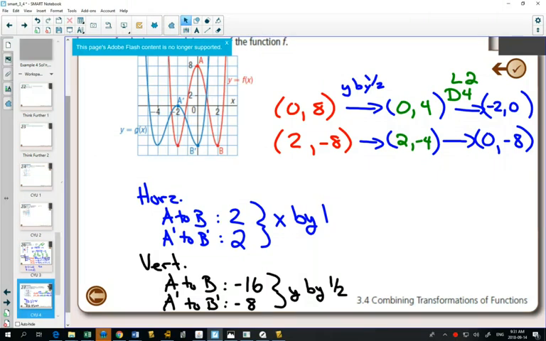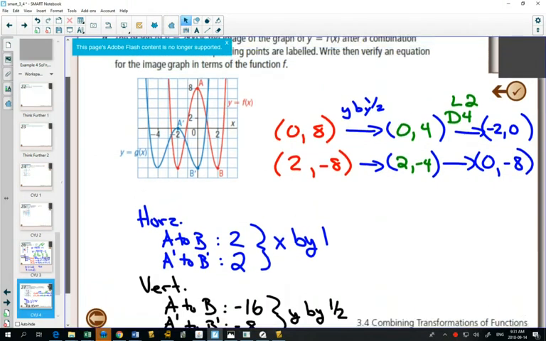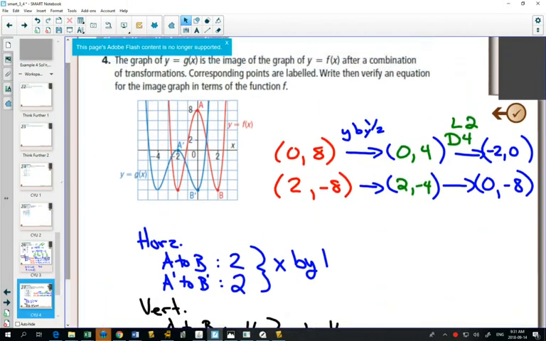Can we take that information and write the equation of the blue graph, g of x, in terms of f of x? So, writing the equation in terms of f of x. Two options here. I could write y equals, or because it's g of x, I could write g of x equals.